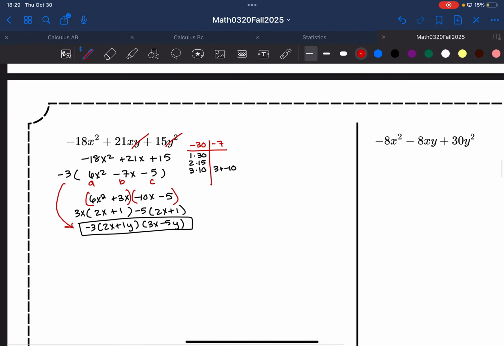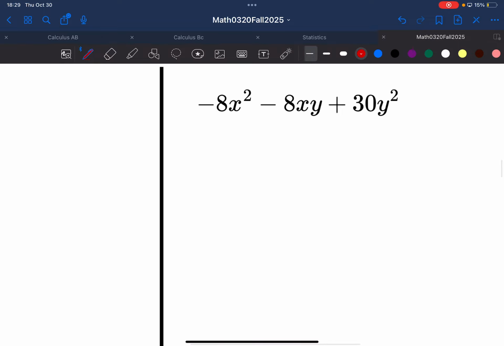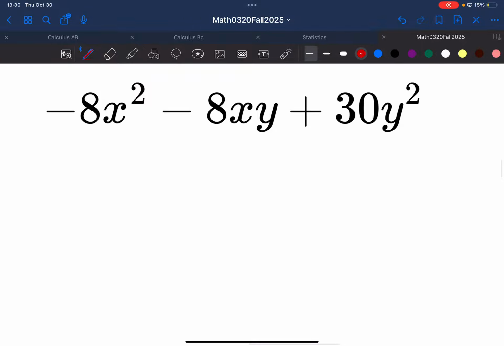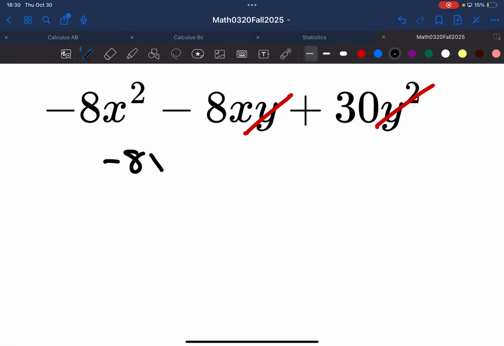So let's look at the next one. On this one, what would be my first step? Ignore the second variable, in this case the y's. We're going to cross those out, and then I'm just going to rewrite it without those y's.